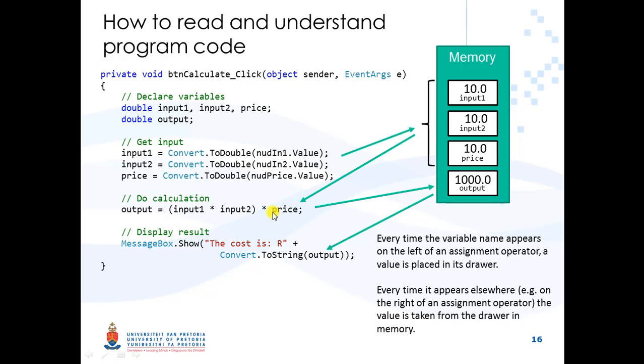Once this is calculated, the answer is assigned to output, which means that value goes into the output slot in memory. When we build up the string for the message box, again the variable output is used here, so that variable's value will be retrieved from memory, converted into a string and added to the output string.